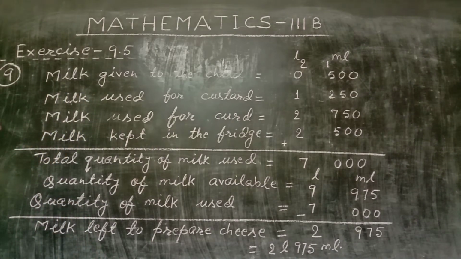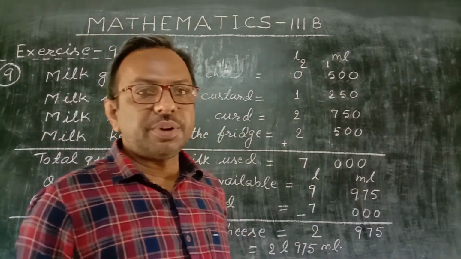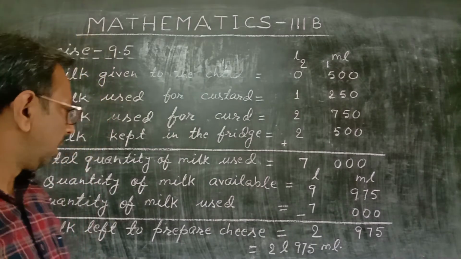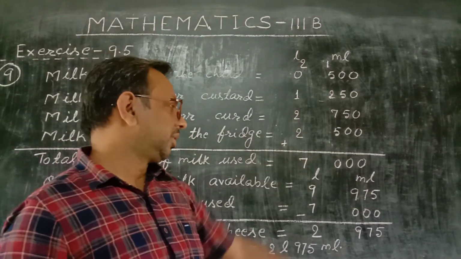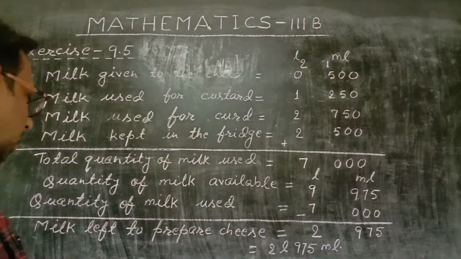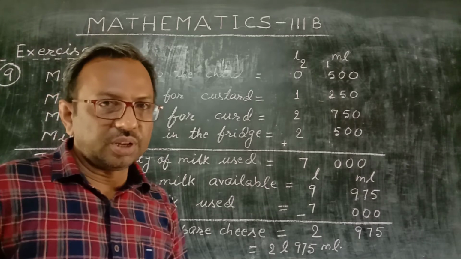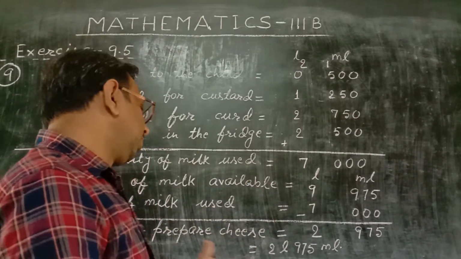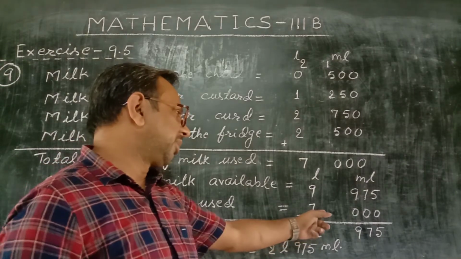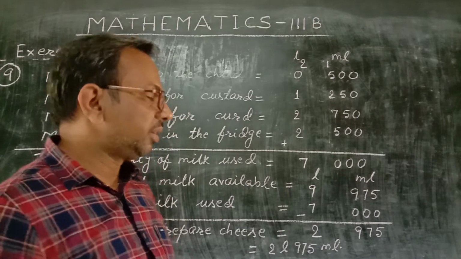Now, quantity of milk available, that was 9 liter 975 milliliter, and the quantity of milk used is 7 liter. Now, how much quantity of milk is left that is used to prepare cheese? So milk left to prepare cheese equal to, we shall subtract this quantity from 9 liter 975 milliliter.